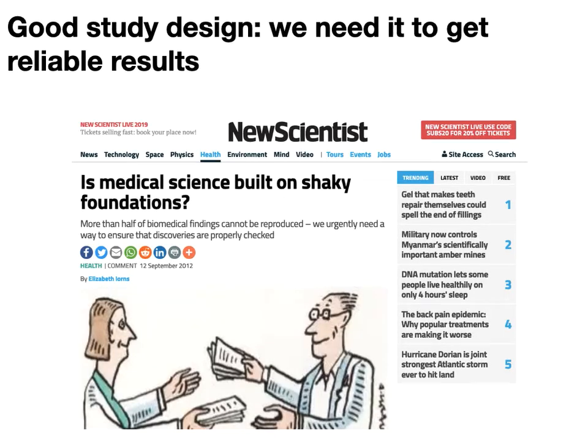So why does this matter? Why do confounding variables matter? Well, we need to design our studies well to get results that are useful and reliable. And in the past 10, 15 years, there's been some alarming reports that a lot of studies in biology and medicine are not reproducible.